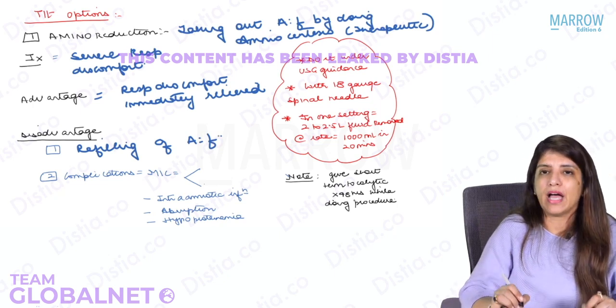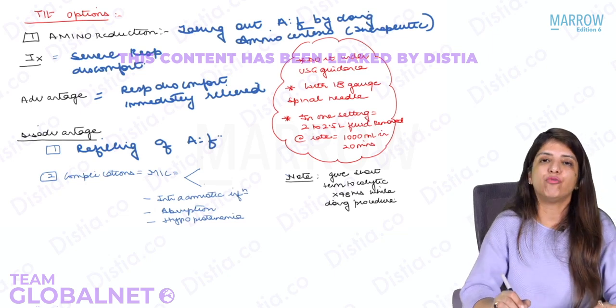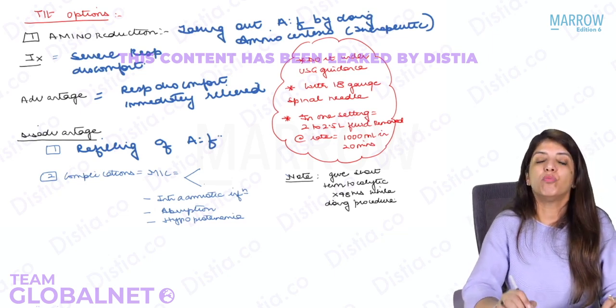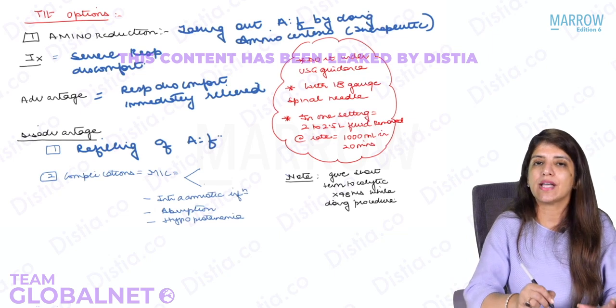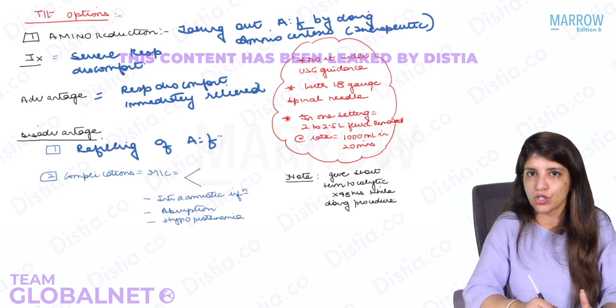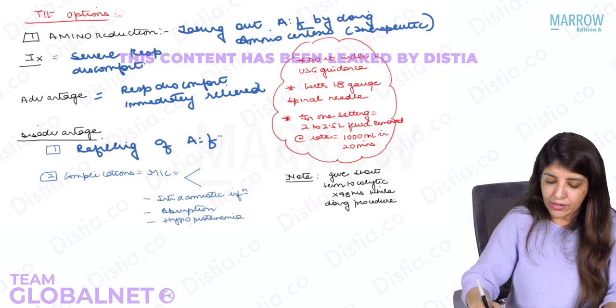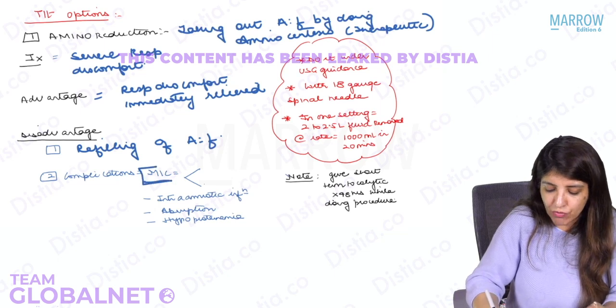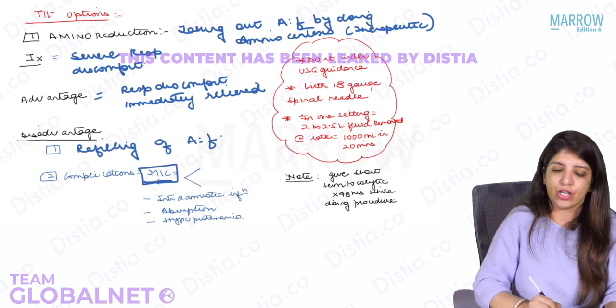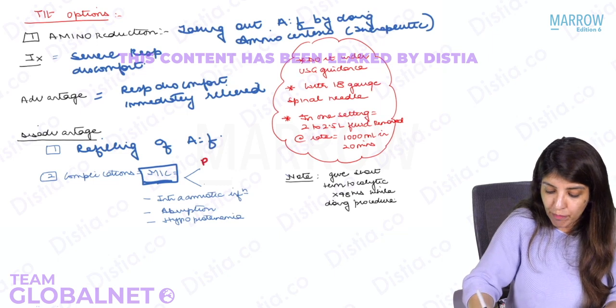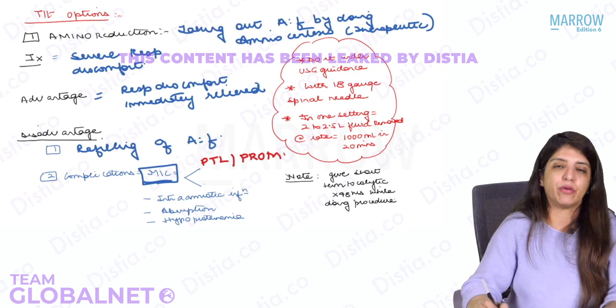And apart from that, amniocentesis being done for polyhydramnios, which is a therapeutic amniocentesis, has its own set of complications. For example, the most common complication when you do amnioreduction is that it leads to preterm labor or premature rupture of membranes.